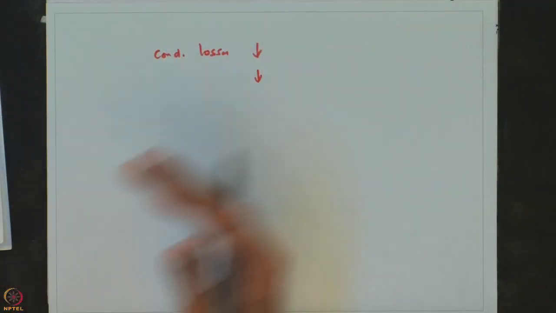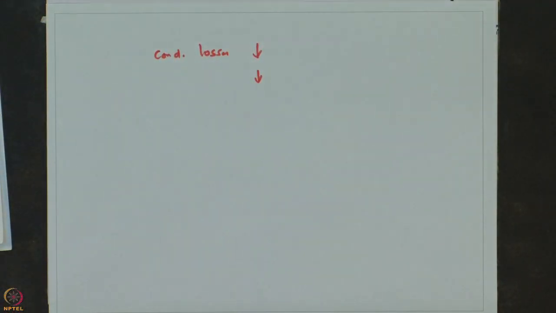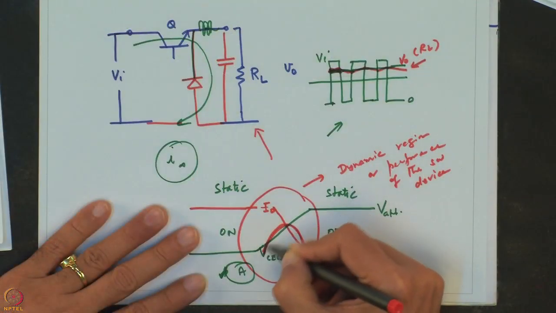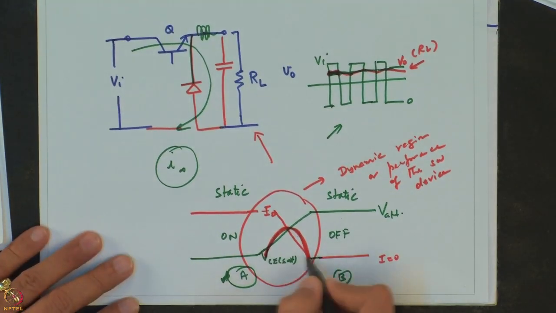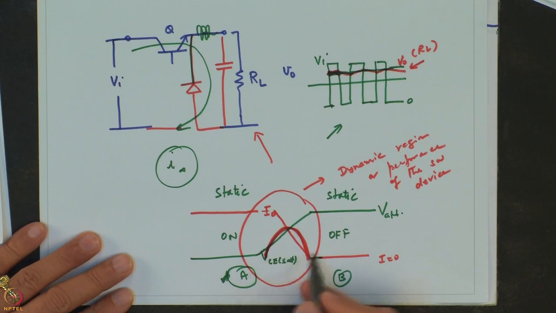But it is during the transition from one static phase to another that a power loss takes place. And what is the power loss? If I use the previous sheet, I can say that my power loss will be given by this, because this is the place where my product of voltage and current is not 0, it is significant.